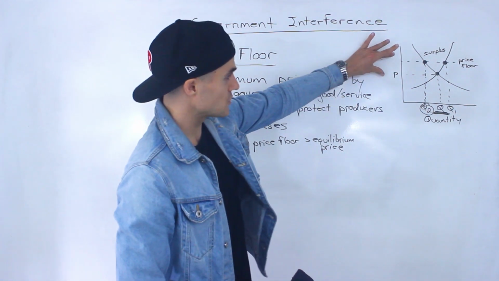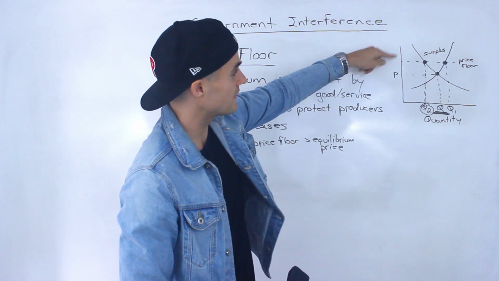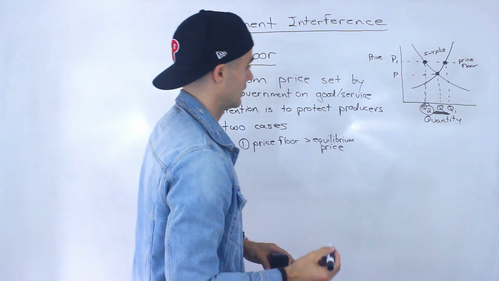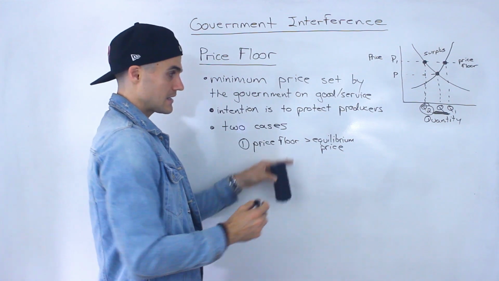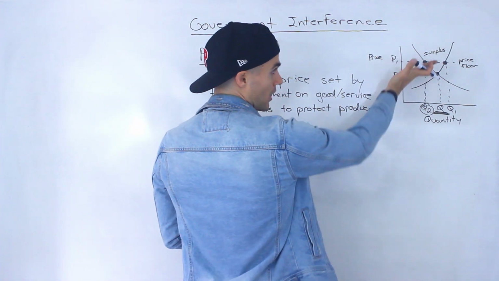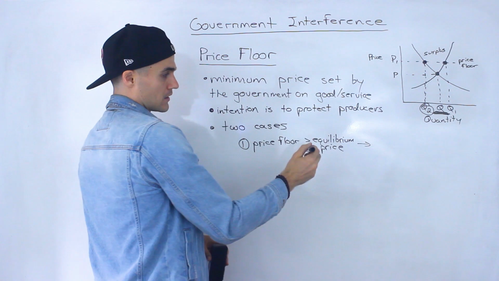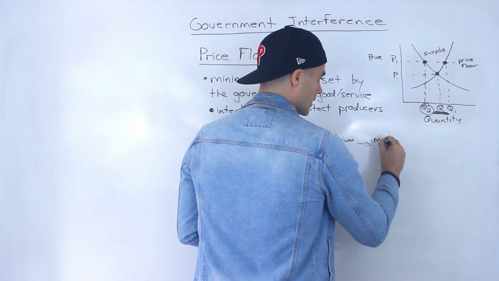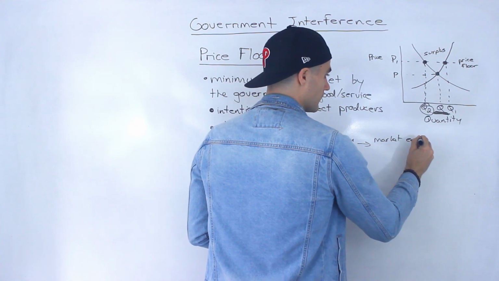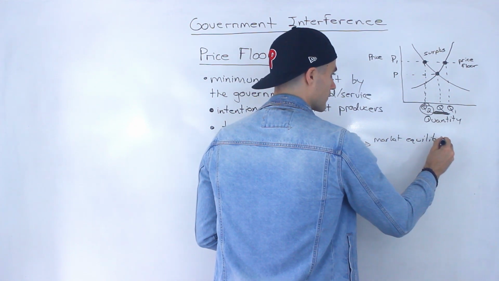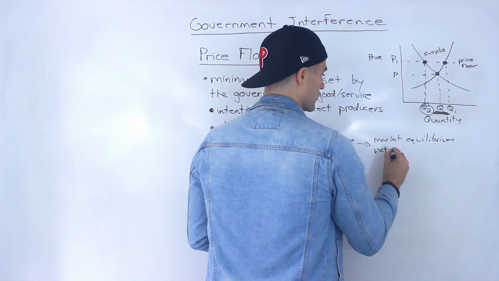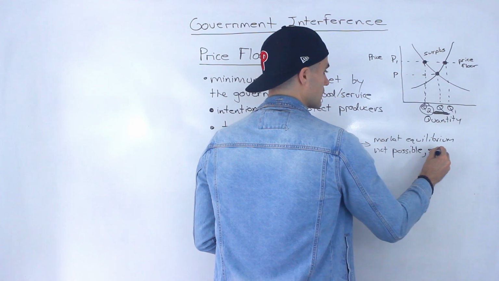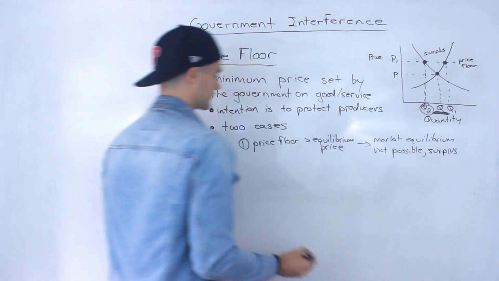This is the price floor here, let's call it P1. Then market equilibrium is not possible. We can't go below that price. Market equilibrium is prevented. And more specifically, there's going to be a surplus.